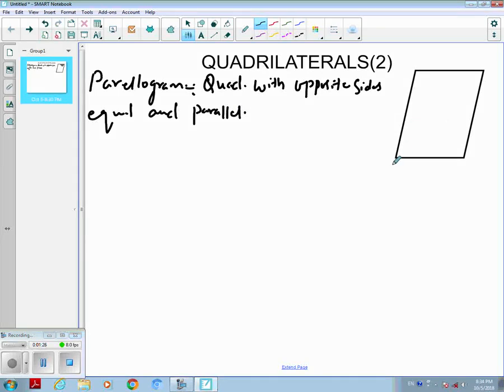Now, supposing this is a parallelogram ABCD. This has side AD equal to BC and AD parallel to BC. Similarly, AB is equal to CD and AB is parallel to CD.